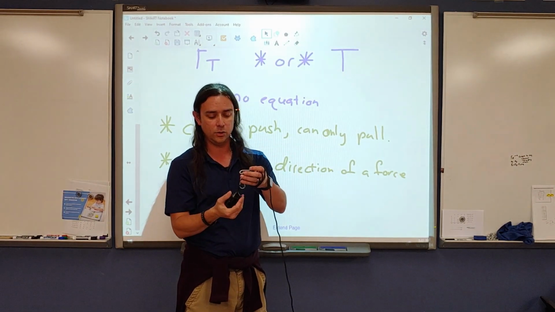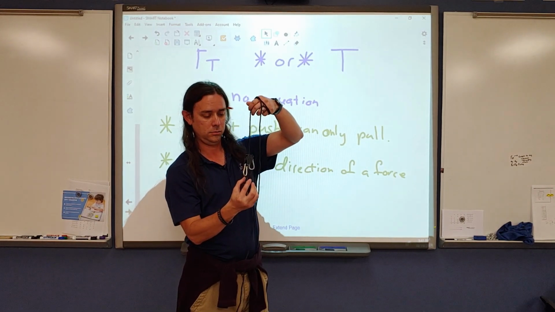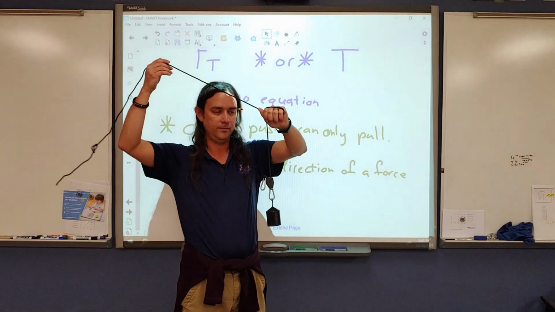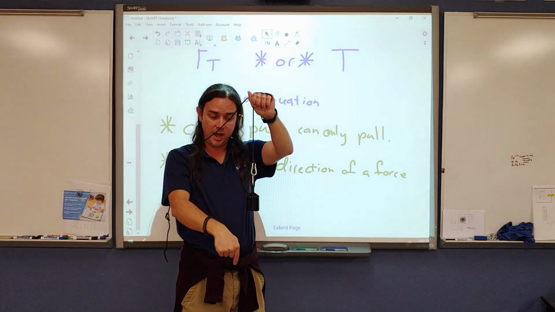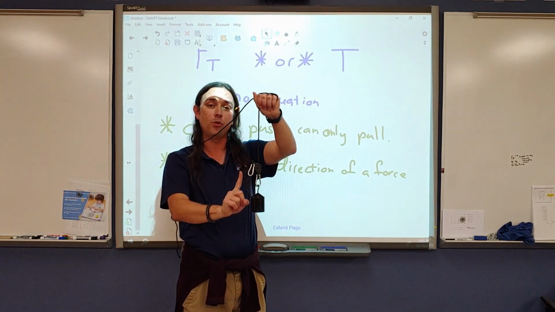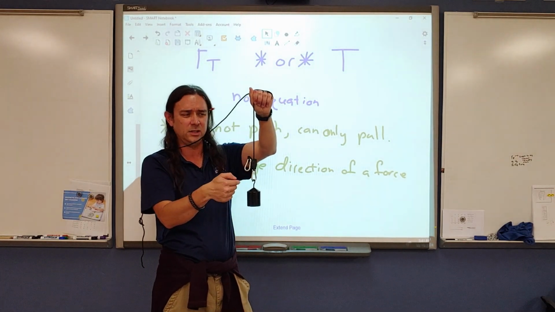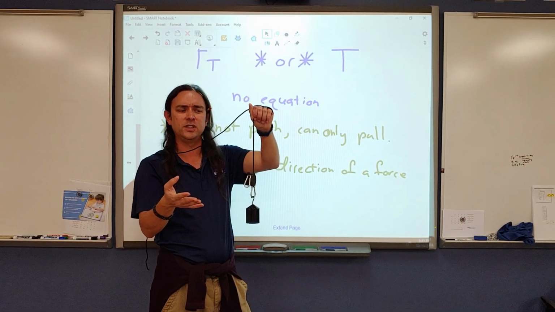Now, one of the things that I can do is hook this onto a string. I think I can hook it onto the string. I have faith in myself eventually. Okay, now gravity, force of gravity, 10 newtons downward, and I'm applying a force of tension upward. Now, technically it's a normal force because it's two things physically touching, but to make it easy, whenever you're dealing with a string, just treat it as a force of tension.